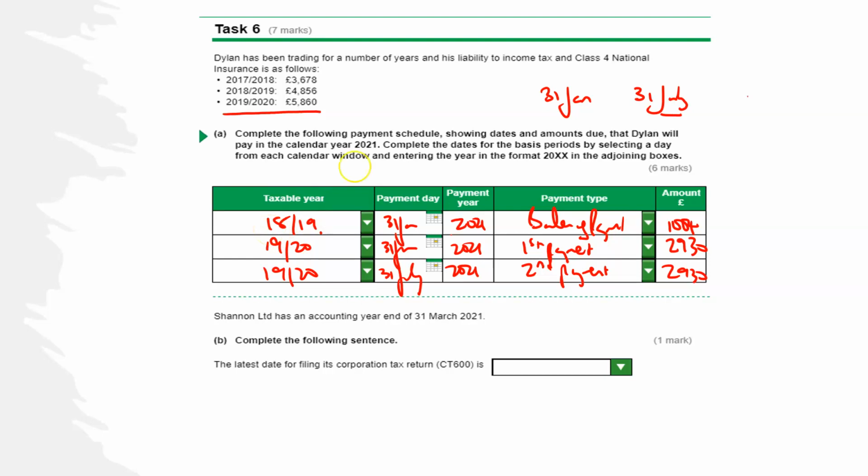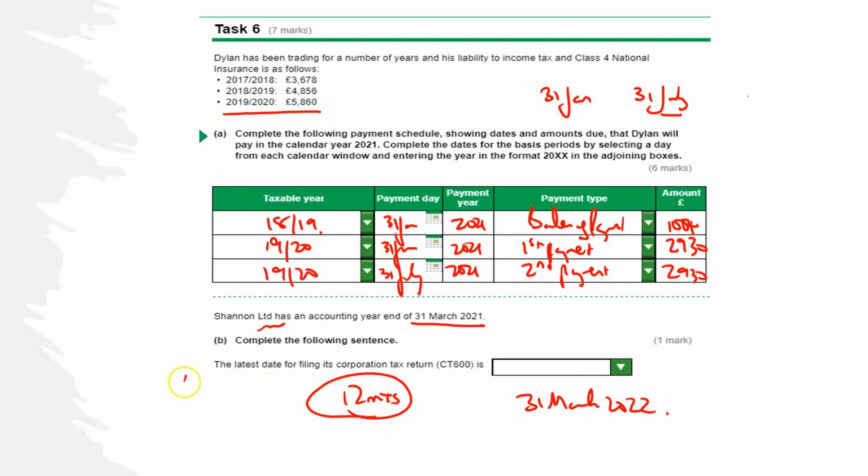1819. Yes, right. And then finally, the question asks us to focus on limited companies, and with limited companies, we file 12 months. Yes, we always file 12 months after the accounting year. So this will take you to the 31st of March 2022.